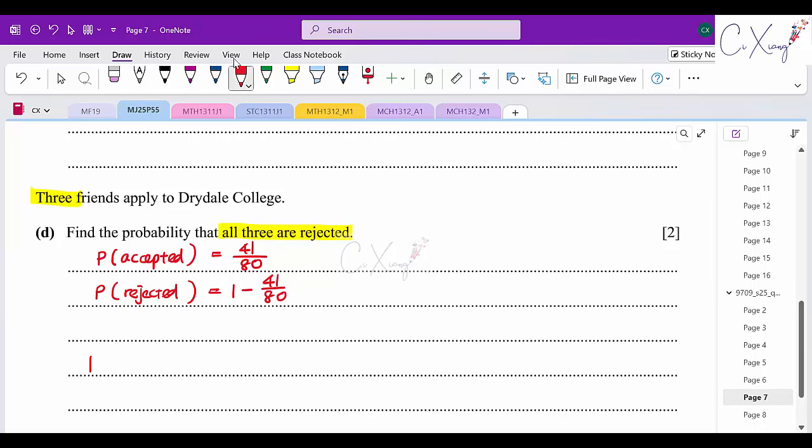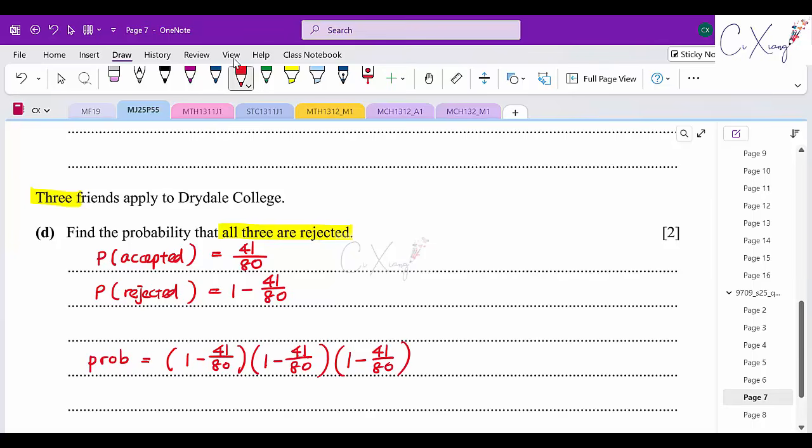And now, they are telling you that I'm having 3 friends, all of them are rejected. So that means the first friend being rejected, the probability is 1 minus 41 over 80. Second student also being rejected, so the probability is also 1 minus 41 over 80. Then the third one also the same, 1 minus 41 over 80.